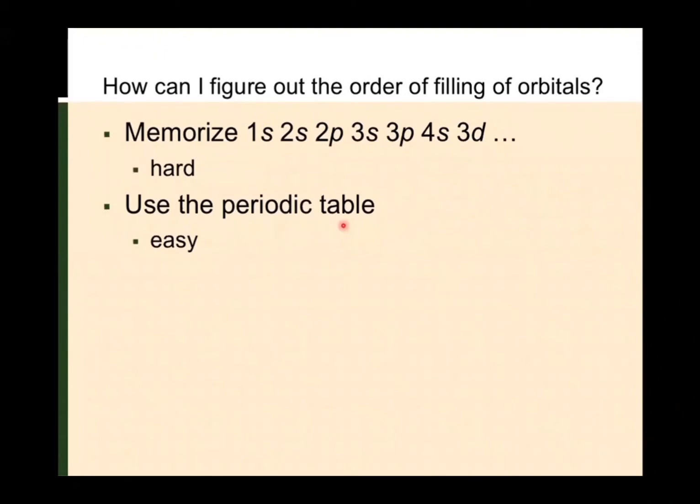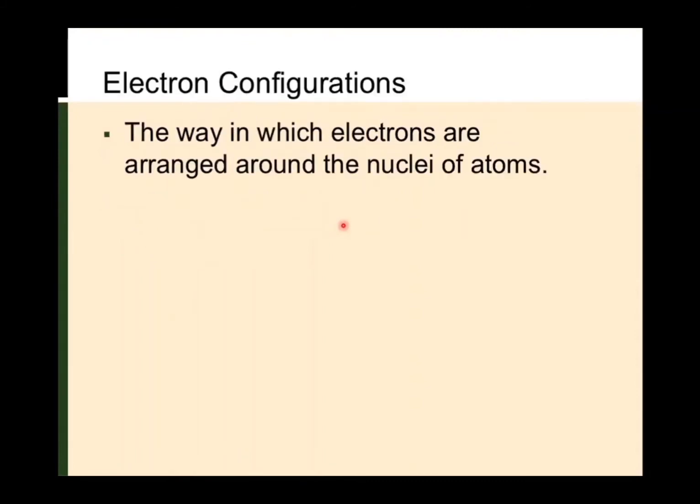In almost all quizzes and exams, except for quiz number 1, you will have access to a periodic table. And so you can use that if you ever need to determine the filling of the orbitals.